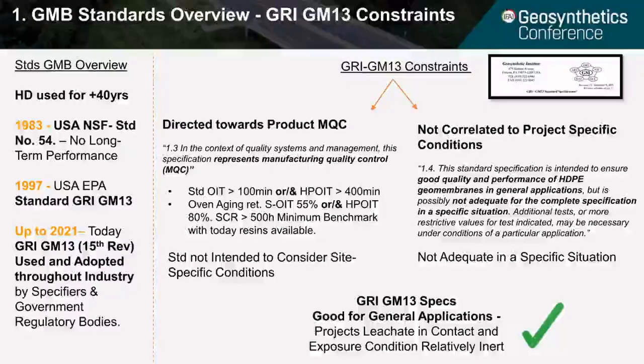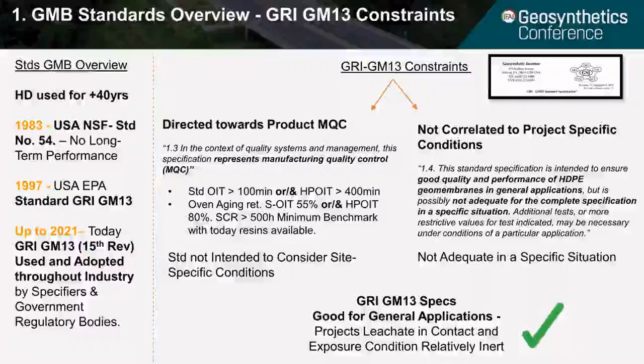One of the most important issues was that this standard did not address the long-term performance of the material. Therefore, the geomembrane industry, at the prompting of the USA Environmental Protection Agency in 1997, started working on a new HDPE specification. This finally was provided by the Geosynthetic Research Institute, GRI, with the standard GRI GM13.